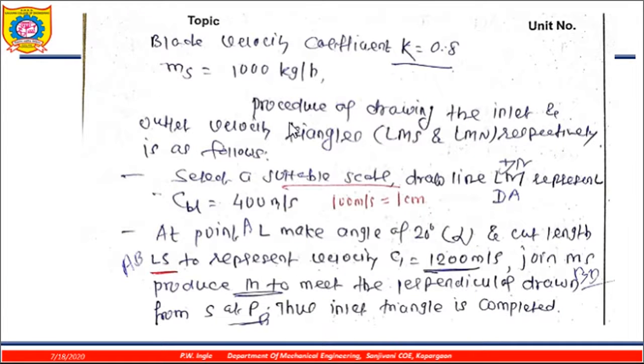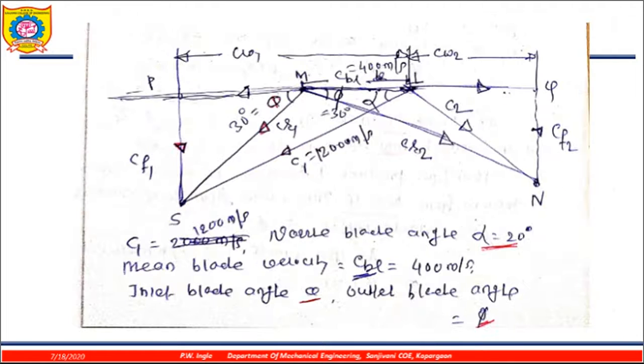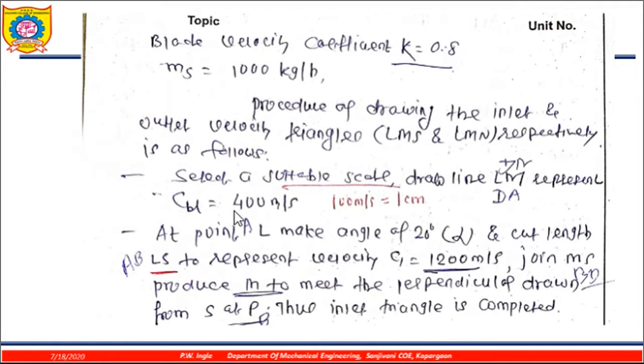The procedure of drawing the inlet and outlet velocity triangles is as follows. Select a suitable scale and draw the line LM. Suppose 1 centimeter equals 100 meter per second, so it is 4 centimeter, indicating CBL as 400 meter per second.